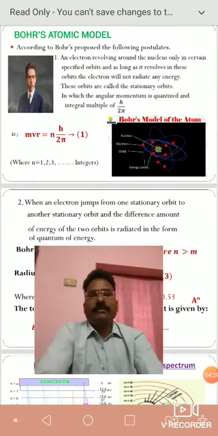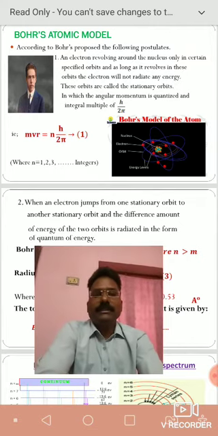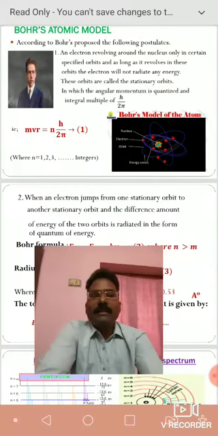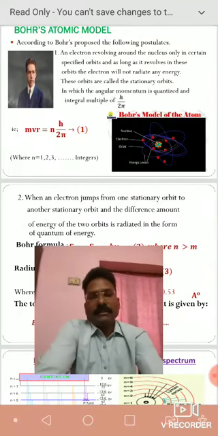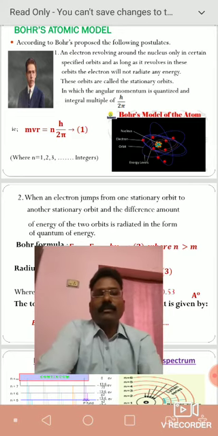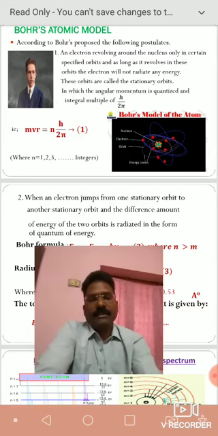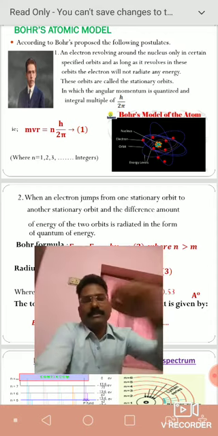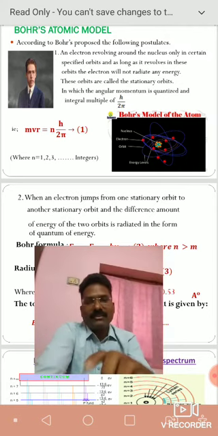Hence, the electron revolves in a circular orbit in which the angular momentum is quantized, an integral multiple of h by 2 pi. Why does the angular momentum become quantized, that is, constant? Whenever the electron revolves in a circular orbit, the radius does not change.